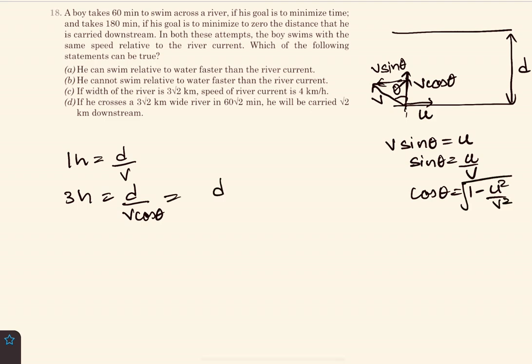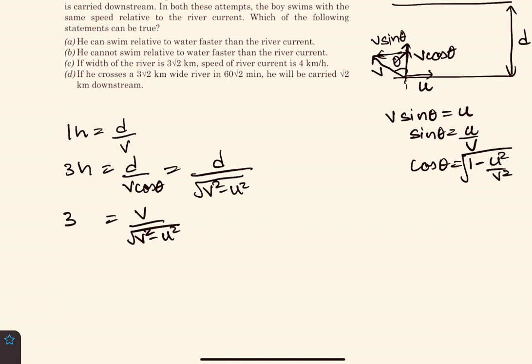So when you write here, what do you get? You get d divided by root over v square minus u square. Directly also, using Pythagoras theorem, since this is v and this has magnitude u, this must have magnitude root over v square minus u square. So these two equations we have. Let's divide these two. If we divide these two, we get 3 is equal to v upon root over v square minus u square.